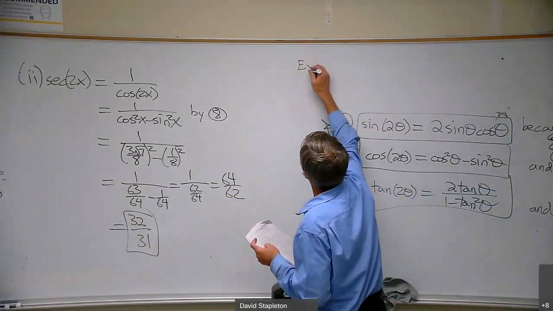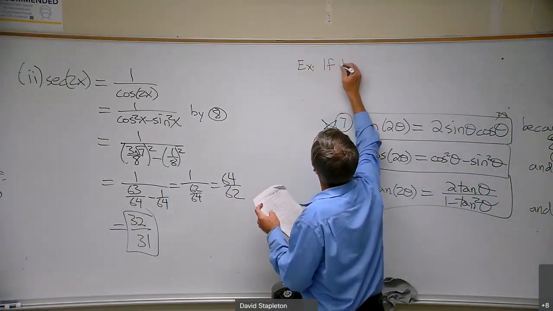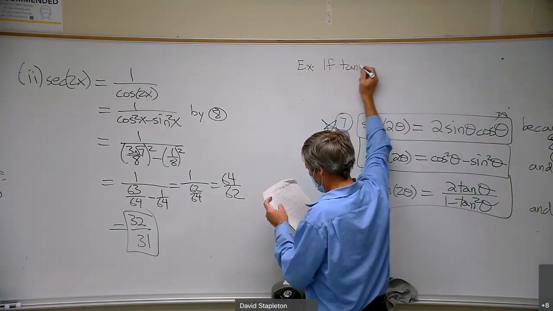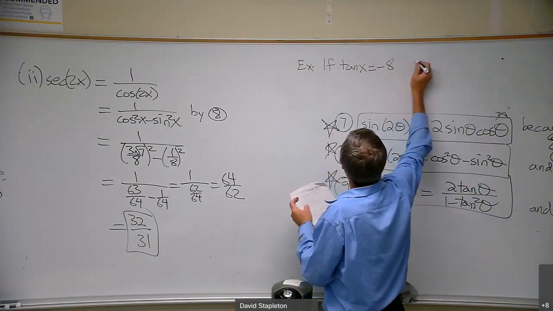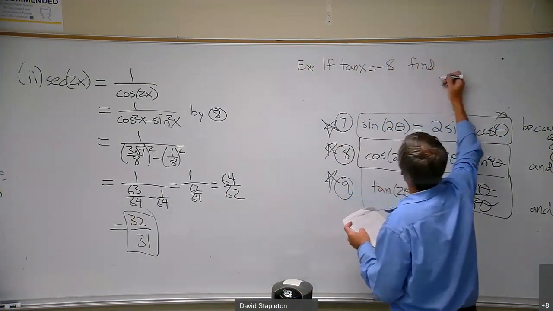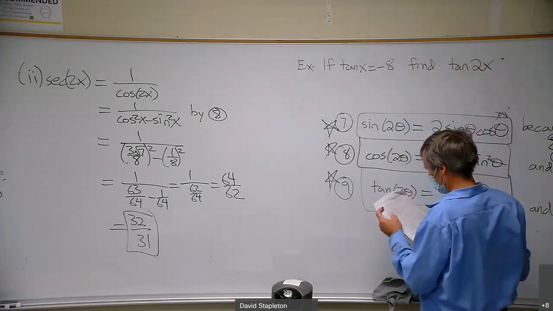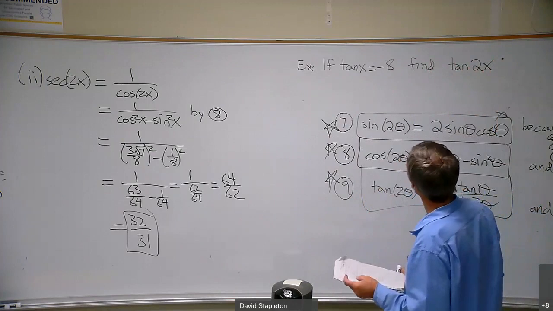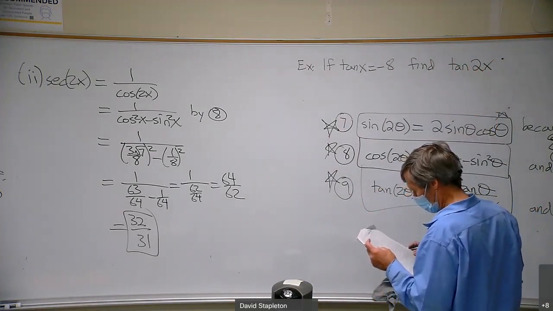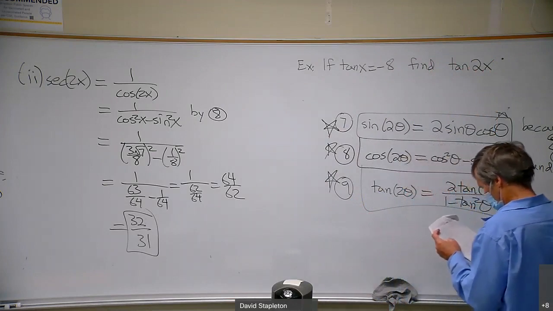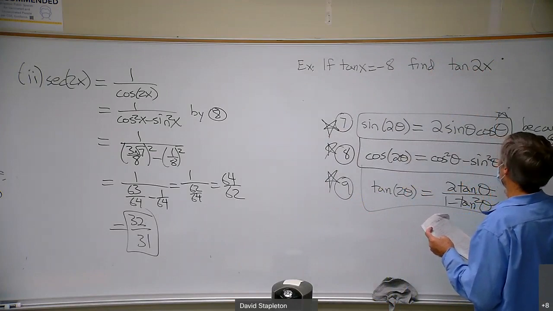So for example, suppose I say that tangent x is minus 8, find tangent 2x. This one's a little easier.